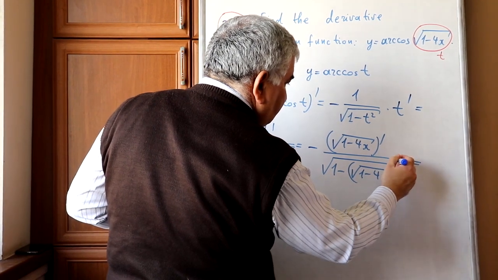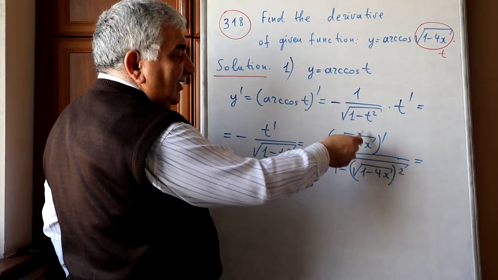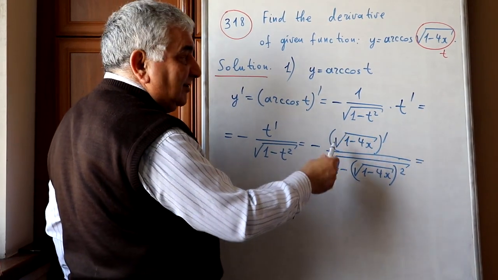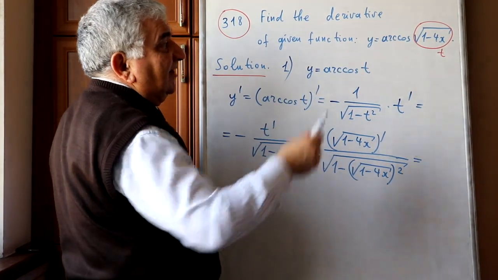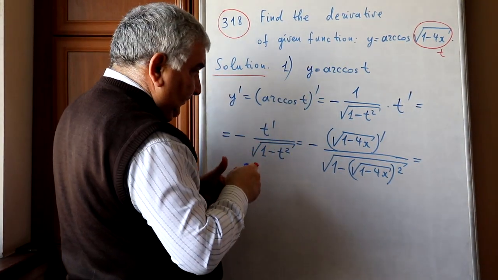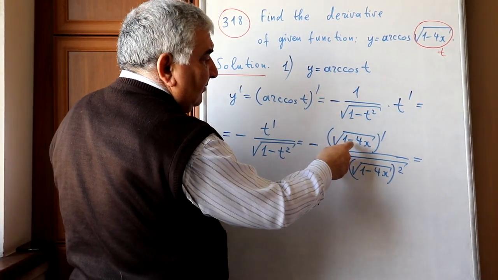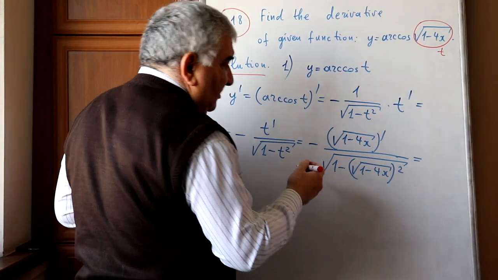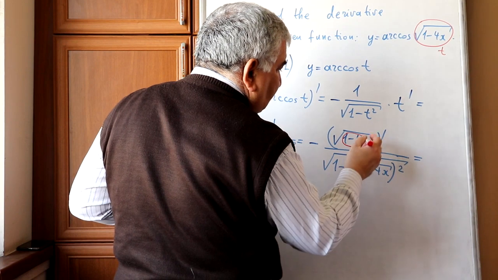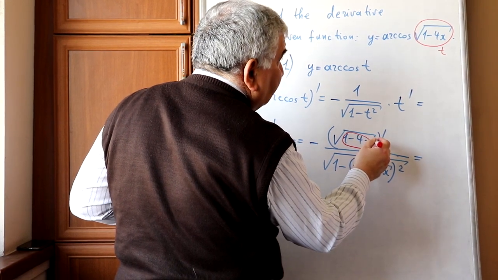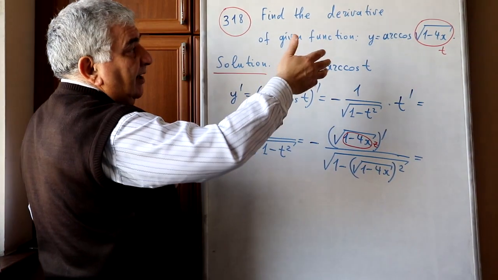Then equals. But this function again is a composite function. Therefore, the given function is named twice composite function. Then here the argument of this function is the expression 1 minus 4x, and denote 1 minus 4x by a new variable, for example z, because already we have t.